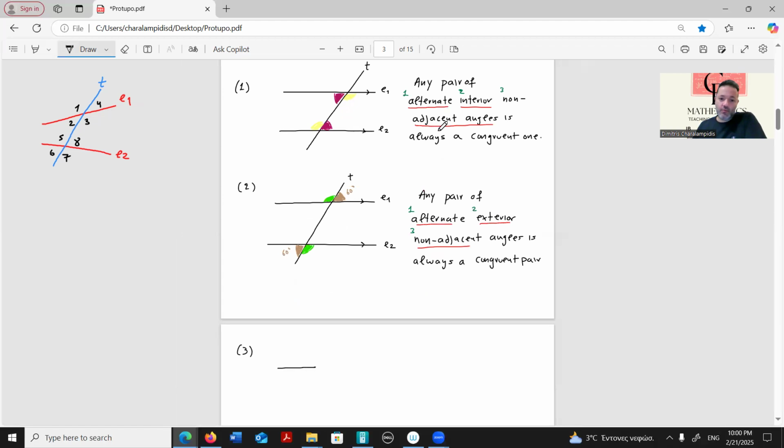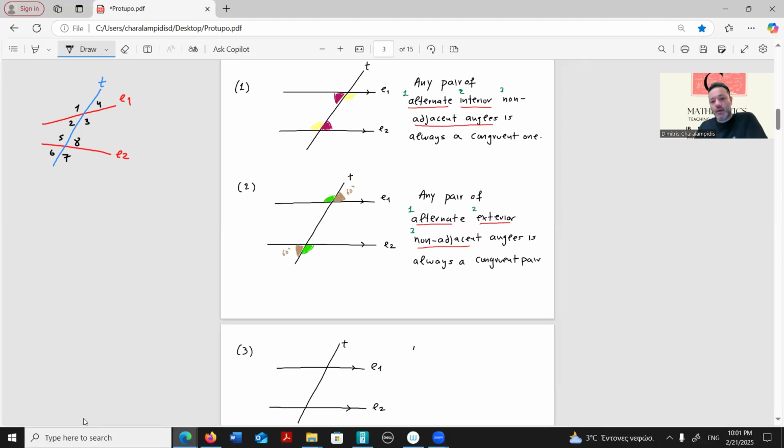Let's begin again with the formation. We start with two lines, L1 and L2, which are parallel to each other and are cut by a transversal.